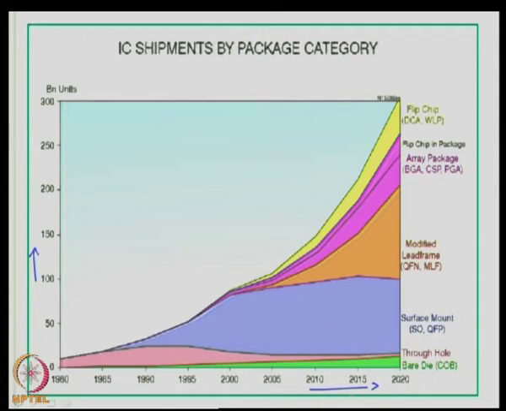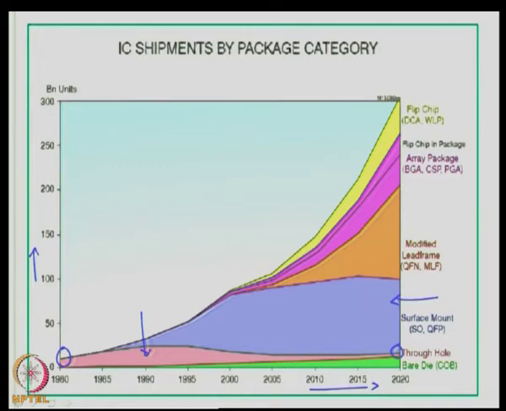You will see that compared to 1980, today we are working at a large volume of surface mount in our circuit design. That means the surface mount technology packages are coming out in large numbers in the market. You can see that the through holes represented by this color have totally diminished compared to 1980. You can see very few numbers are coming into the market.